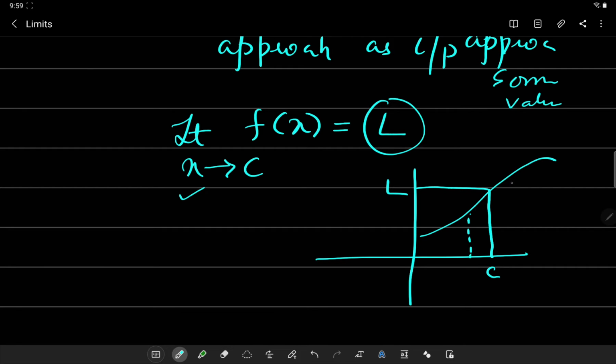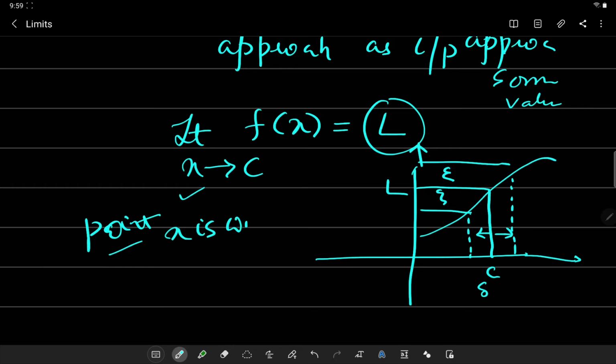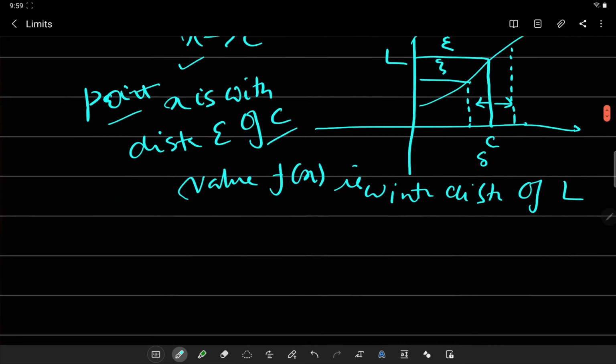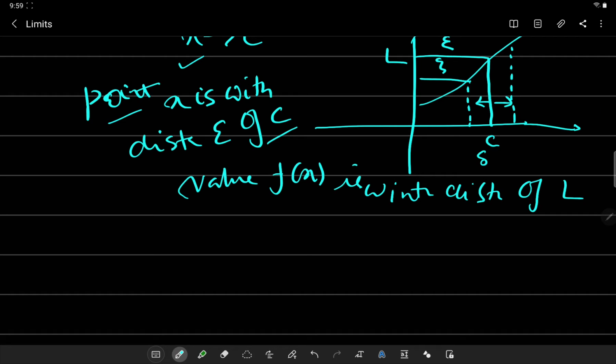Now in general, textbooks have the definition with the concept of delta and epsilon, where they say whenever a point x is within distance delta of c, the value f of x is within distance epsilon of L. Let's not go deep into this conceptually.